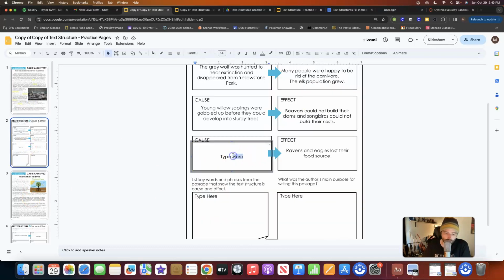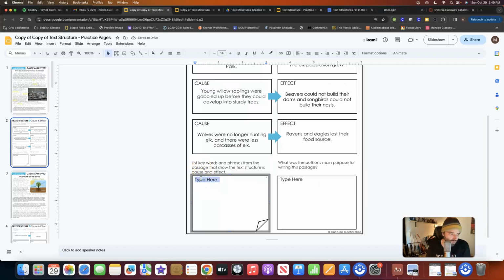So wolves were no longer hunting elk, and there were fewer carcasses of elk.